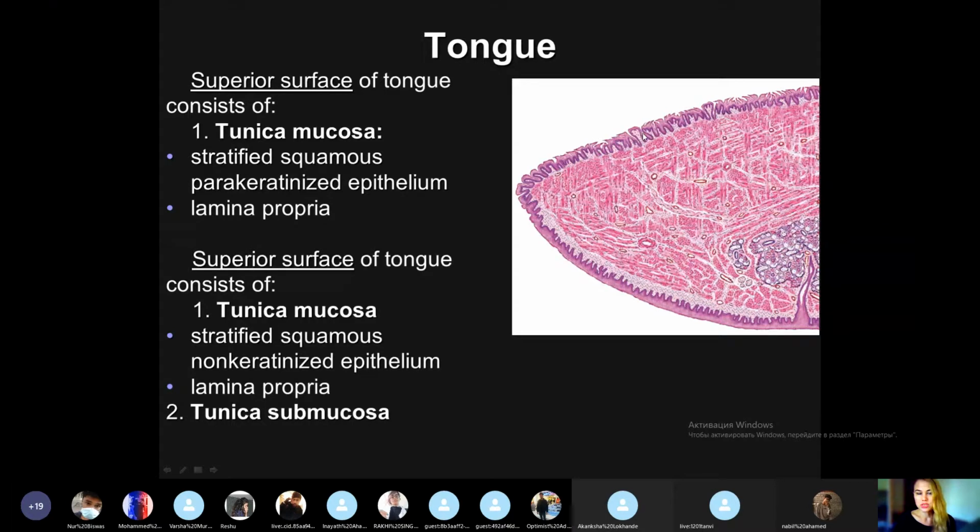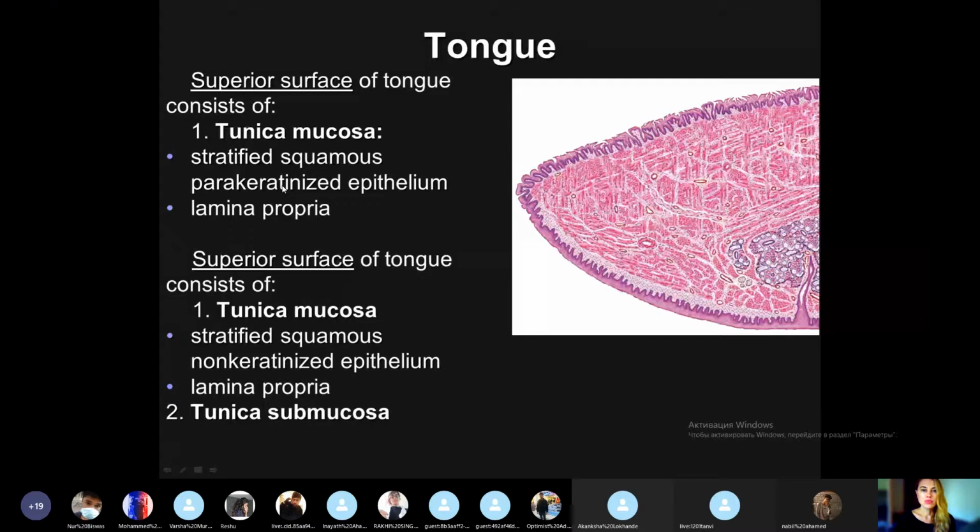So this is the first diagnostic criterion for how you can distinguish it, and also the difference in the layers. The superior surface has only two components: stratified squamous parakeratinized epithelium and lamina propria. What does it mean? Stratified: you might remember that this epithelium is composed of many layers, more than one layer of cells.